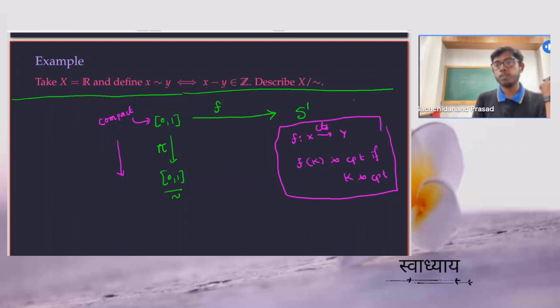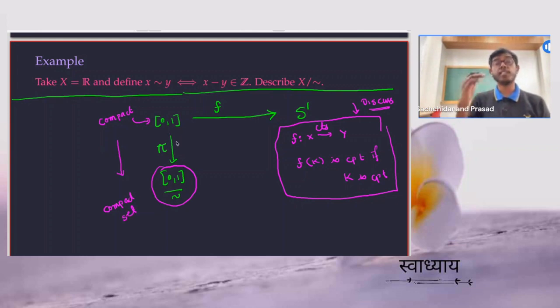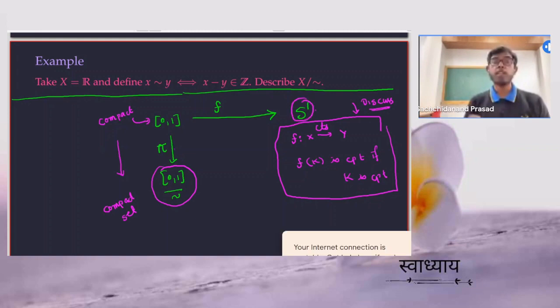Okay, so this also you try to prove in the discussion. So it means that this is a compact set. Why? Because this pi is a surjective and continuous map, and the image is S1, which is Hausdorff.